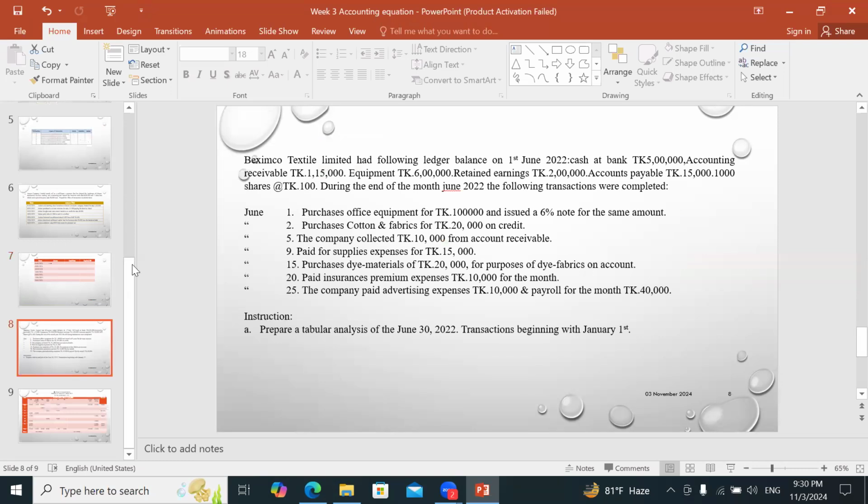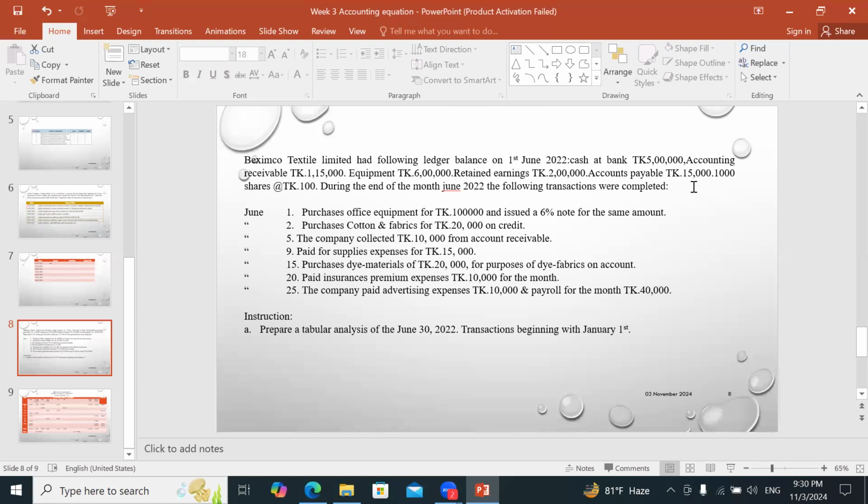Here, Beximco Textile Limited had the following ledger balances on 1st June 2022. Cash at bank 500,000. Account receivable 1,50,000. Equipment taka 6 lakh, that means 600,000. Retained earnings 200,000.